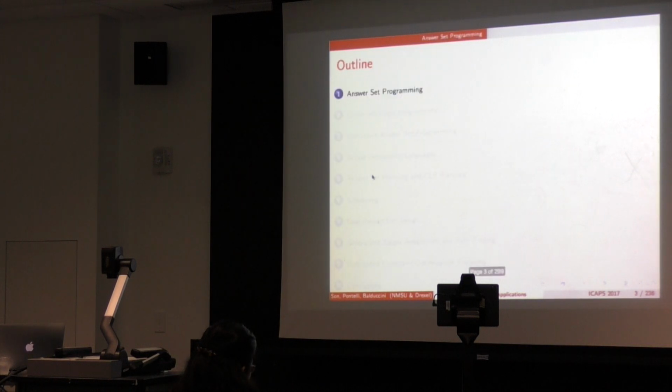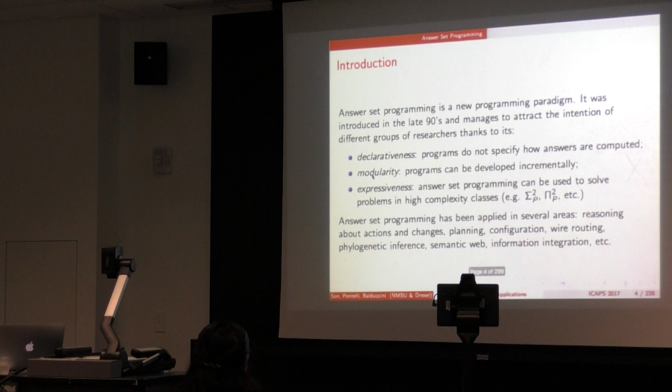Now let us begin with some background on answer set programming. By now it is not really new anymore, but it is almost 20 years old. It was introduced in the late 90s and managed to get a lot of attention from many other communities.